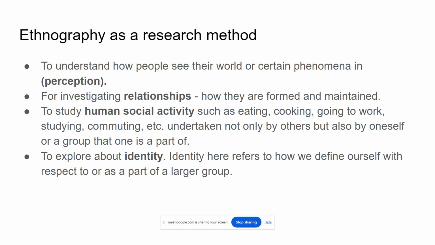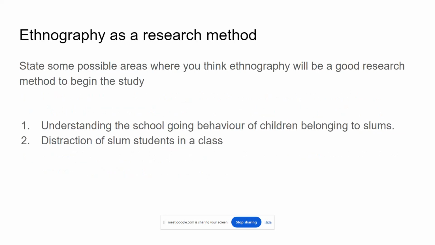Then for investigating relationships, so many times, like we had talked about this relationship of the school going behavior with the slum concept. This relationship is also one aspect that invites ethnography as a method, because you might think of other research methods for trying to find out about this.